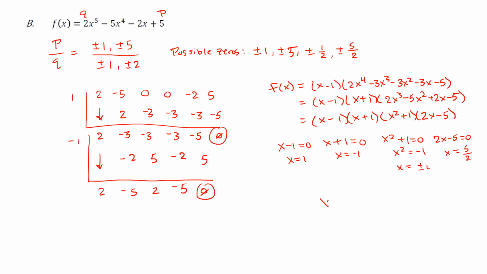So the zeros of f of x are 1, -1, plus or minus i, and 5/2. Excellent. All right, let's do one more.